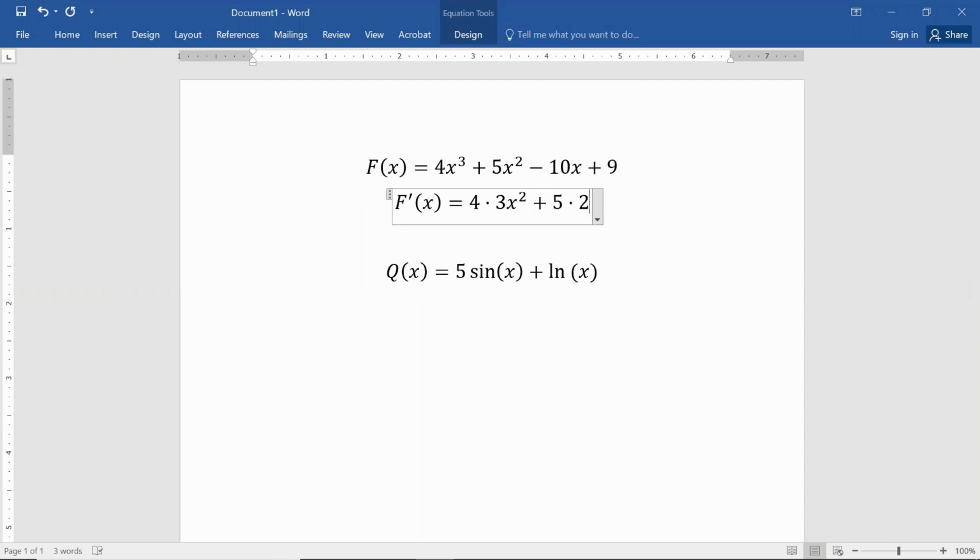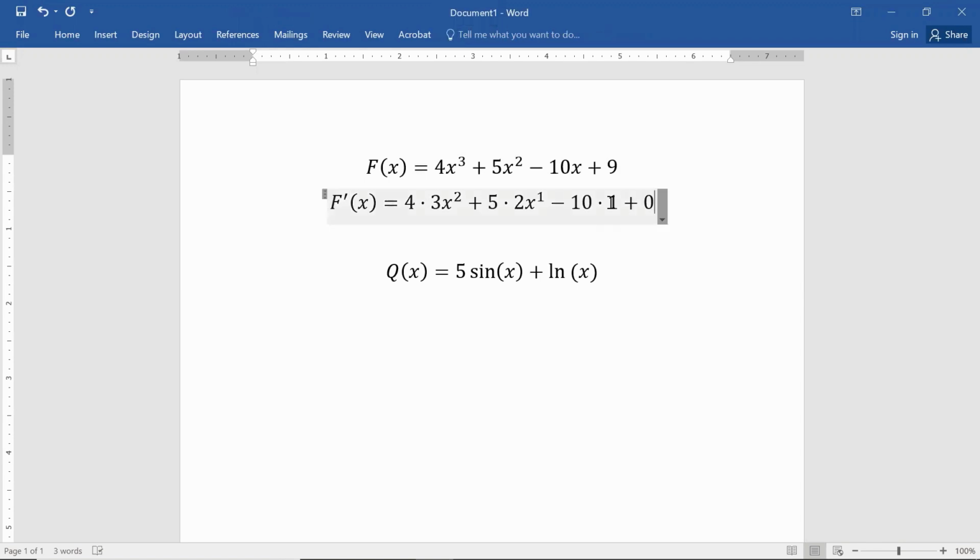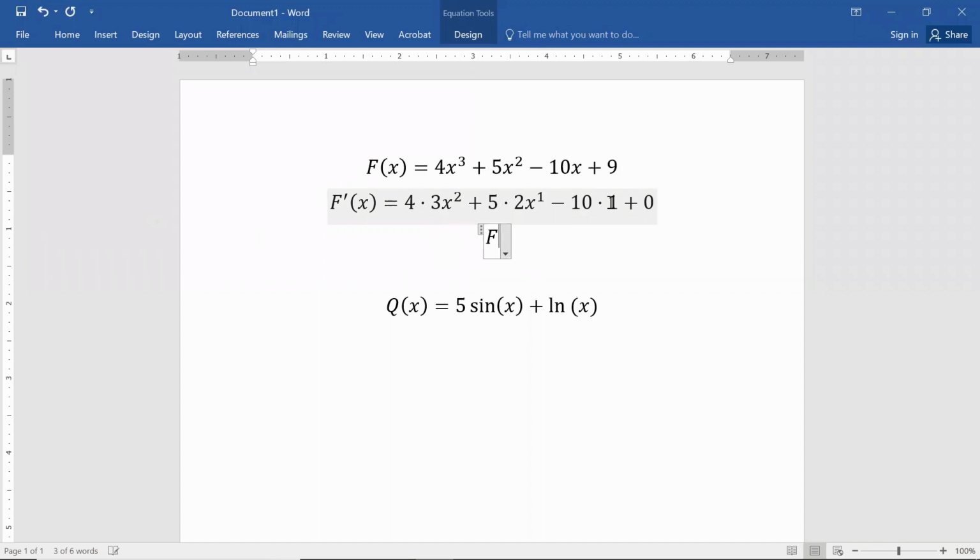Guess I'll use the dot multiplication here. And so what we get is 4 times 3x squared plus 5 times 2x to the first minus 10 times 1 plus 0. And usually we will skip that step once you've seen it once or twice, and we'll simply write the final answer as 12x squared plus 10x minus 10.